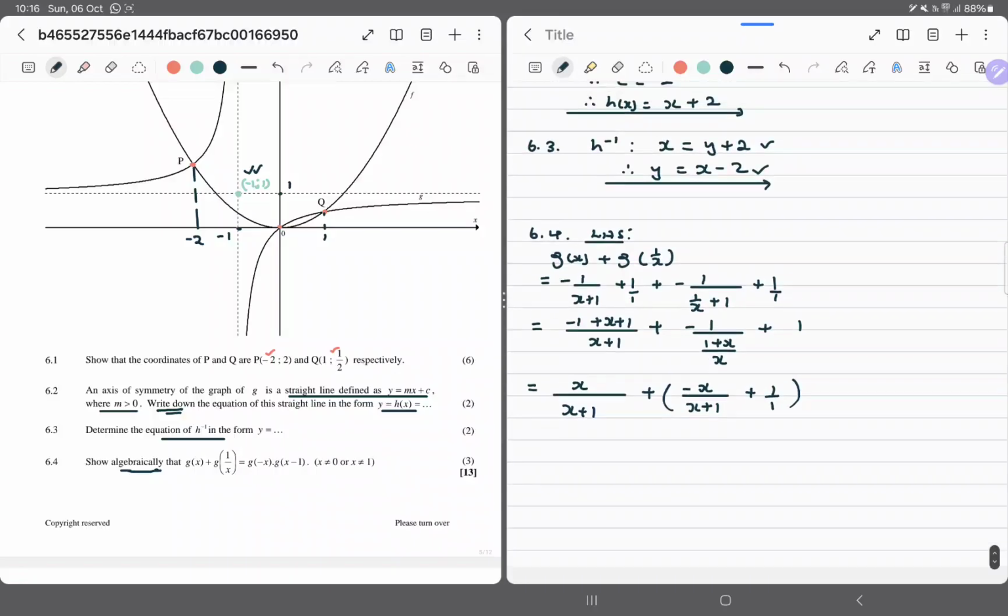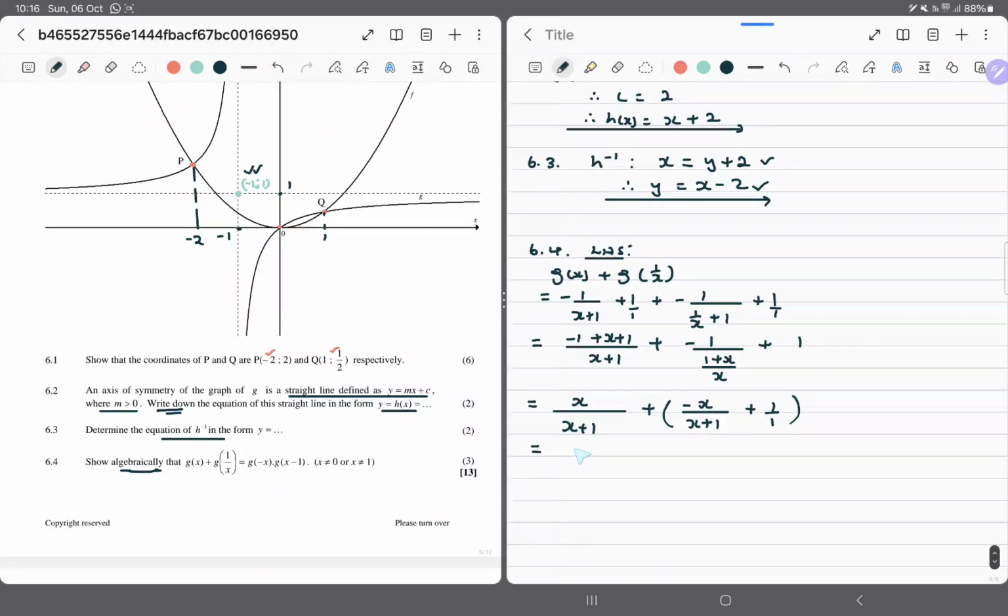Okay, not a problem. This is equal to x over x plus 1 plus, we sort this out, common denominator is x plus 1, so this gives us minus x plus 1.